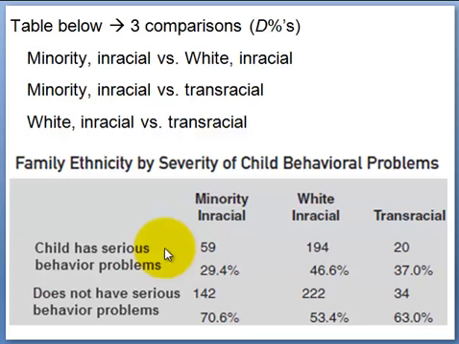You could use the bottom row, but one comparison would be minority inracial versus white inracial. A second comparison would be minority inracial versus transracial. A third comparison would be white inracial versus transracial. Each of these comparisons is in essence going to generate a difference in percentages, and we can informally look at the average difference in percentages to get a rough approximation of size of association.